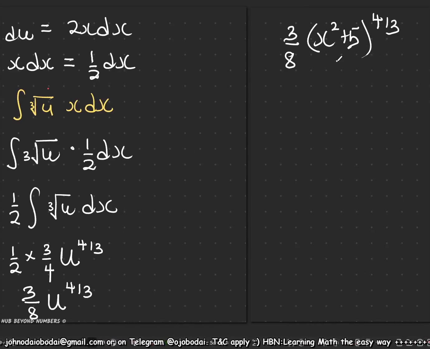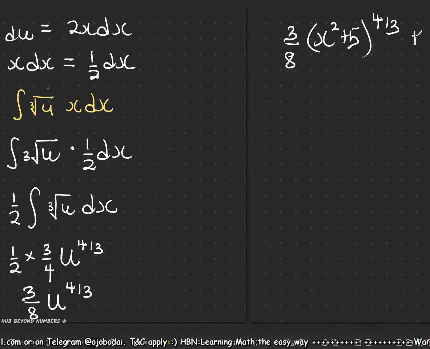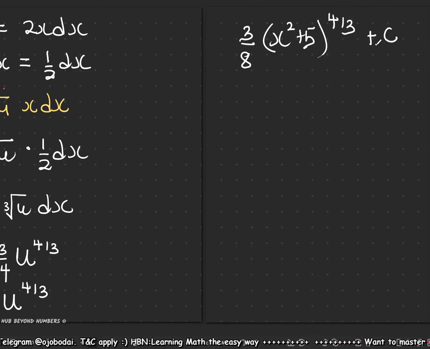So this becomes our answer for the integration. But since we have no limit, we would write plus c. There would actually be a constant somewhere, so we introduce the plus c.